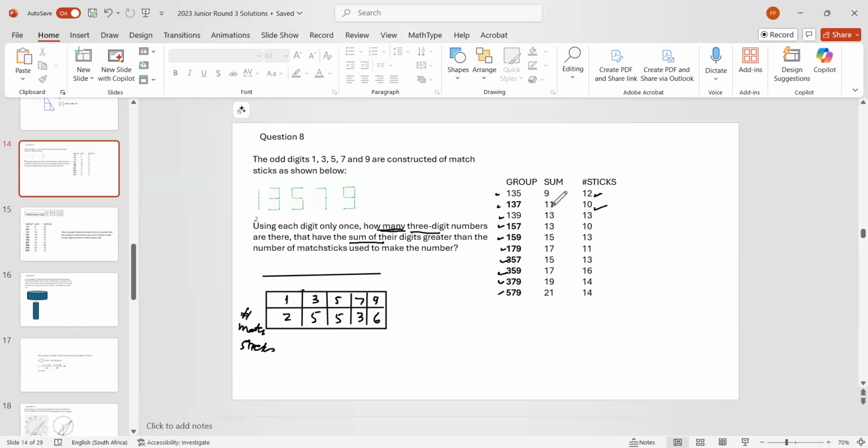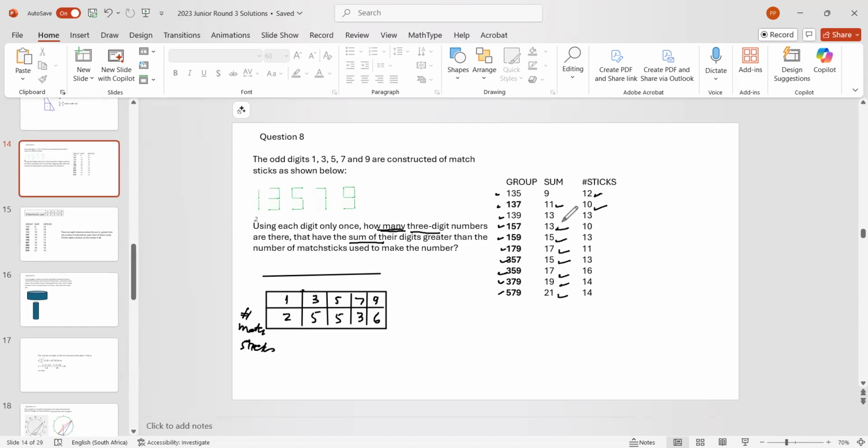Now, here you can see the sum is greater. 11 is greater than 10, but this doesn't qualify. These are equal. So here, this is greater, this is greater, this is greater, this is greater, greater, greater, greater. I've got all those in bold here.